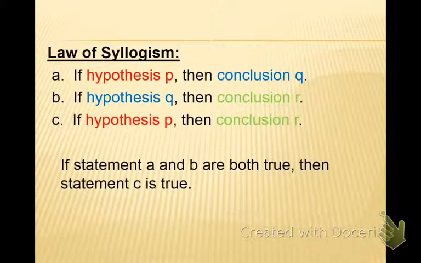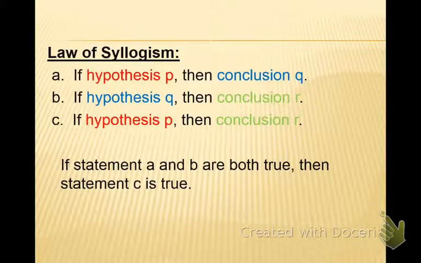What the law of syllogism says is if you have two statements, if the hypothesis P, then conclusion Q. I said R, I meant Q. If P, then Q, and then the next statement uses the conclusion from the first one as the hypothesis for the second one to make another conclusion, so if Q, then R, and those two statements are true, then you can jump from P to R, and it's still going to be true.